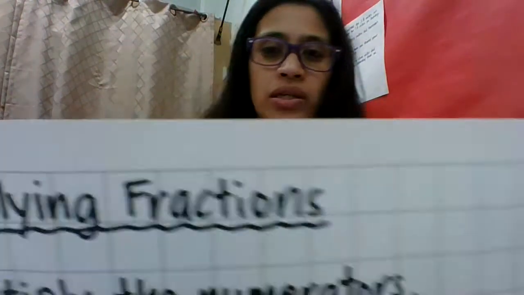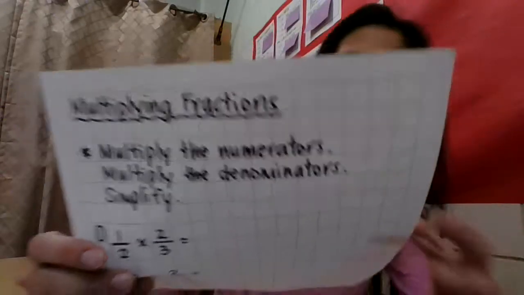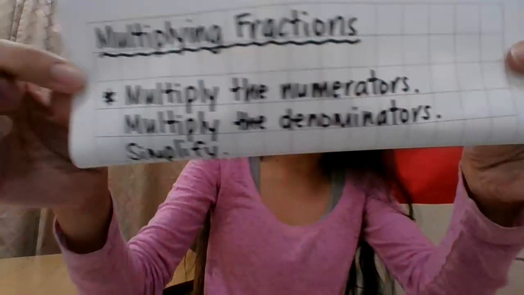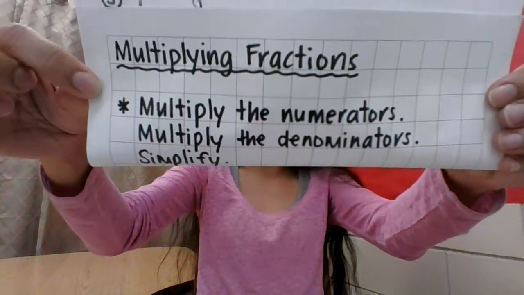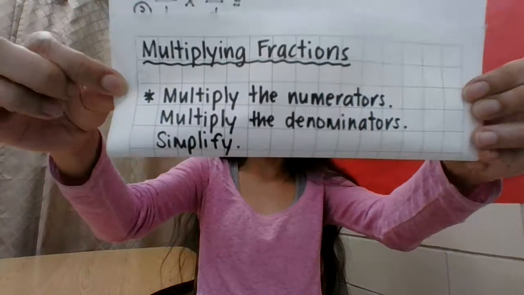All right, so we are working on multiplying fractions, which is super easy. And before we begin, I'm going to give you some steps. You can go ahead and write this down in your notebook. So there we have multiplying fractions. What are the steps? The steps to multiplying fractions are so easy. First thing you need to do is to multiply the numerators.